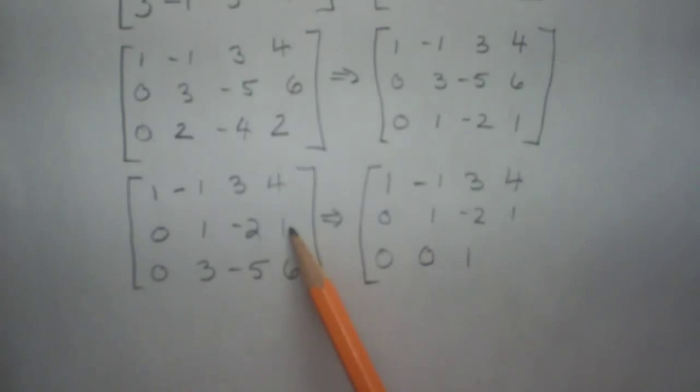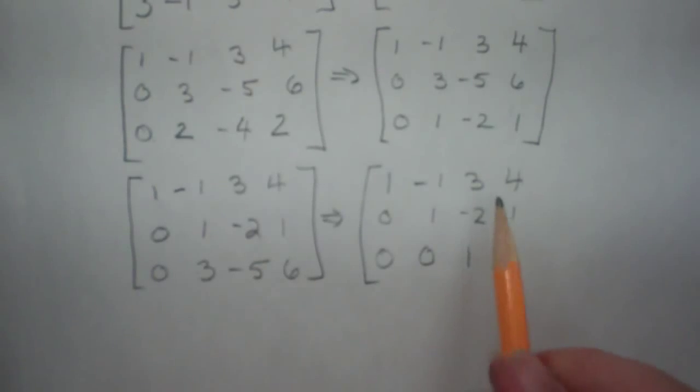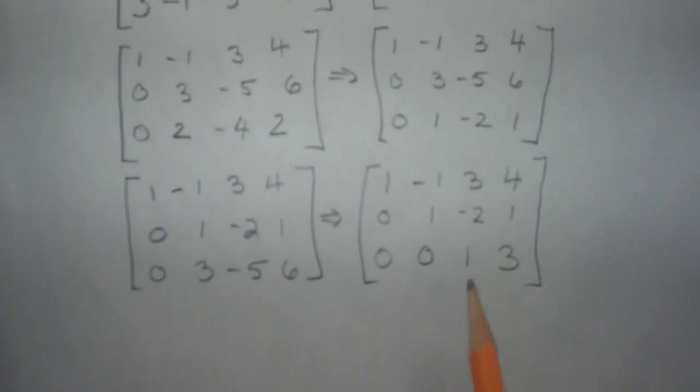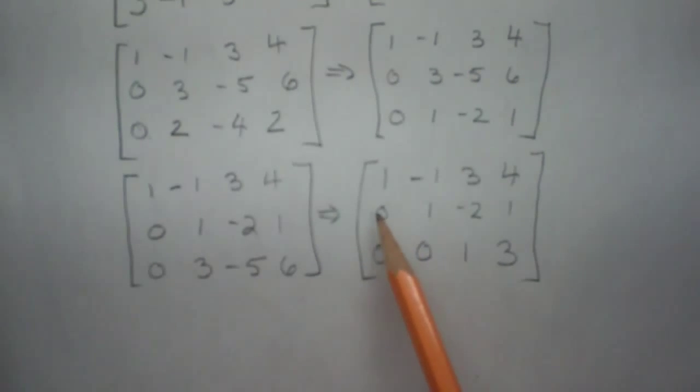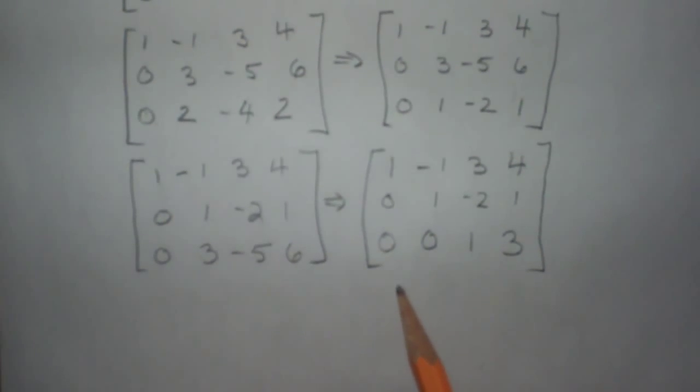Negative 3 times 1 is negative 3, and negative 3 plus 6 is 3. And here we have our augmented matrix in a triangular form. It has these zeros here, and the first entry that is not a 0 in each row is a 1. That's very nice because now we can use back substitution.